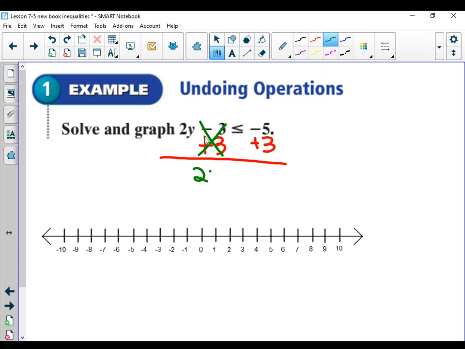Bring down the 2y. Not an equal sign this time. And then negative 5 plus 3. Did you know negative 2 before I did that? Good.